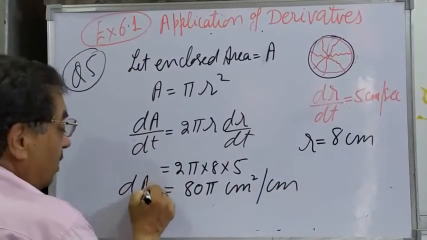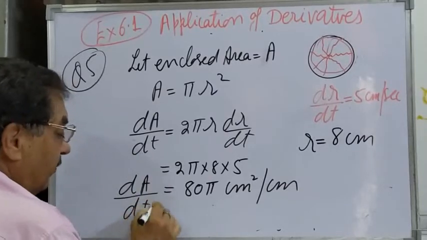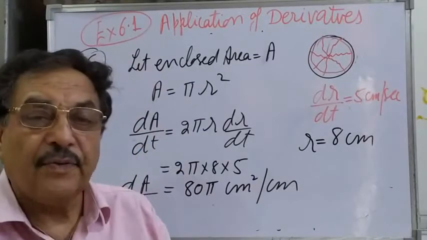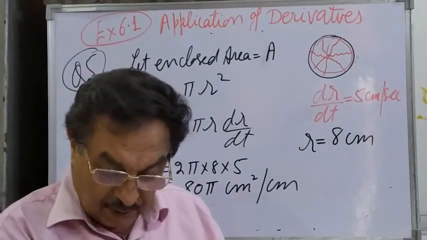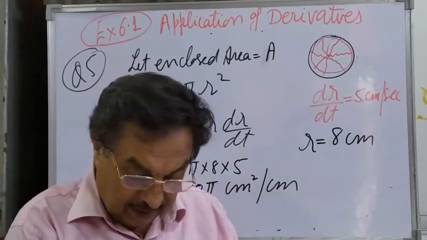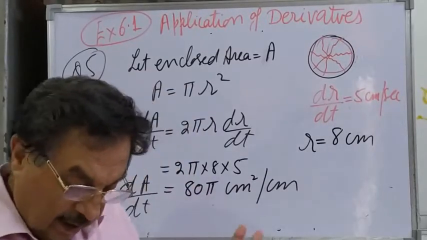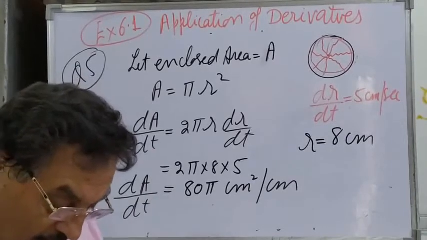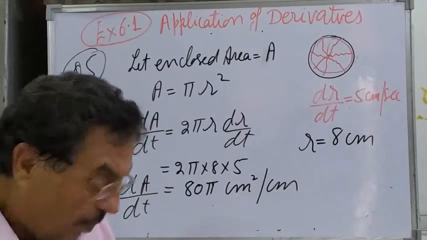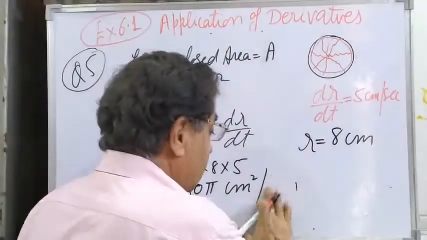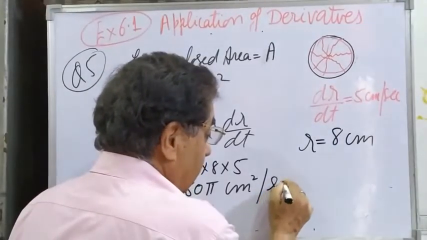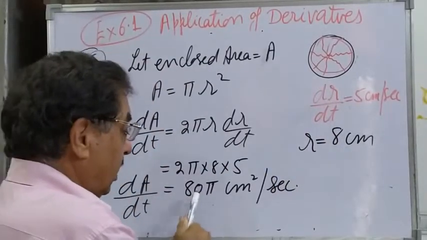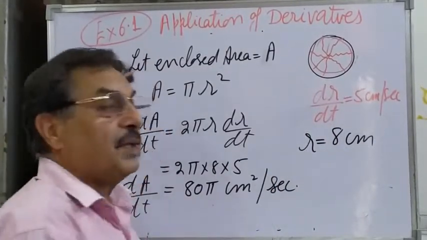So this is the area of the enclosed wave, which is moving in a circular way, that is increasing. The increase is 80 pi centimeter square per second, since it is given with respect to time, dA by dt, 80 pi centimeter square per second.